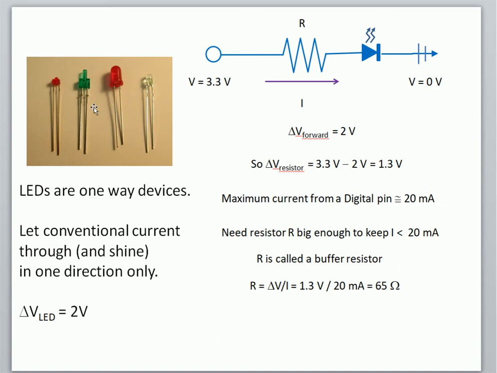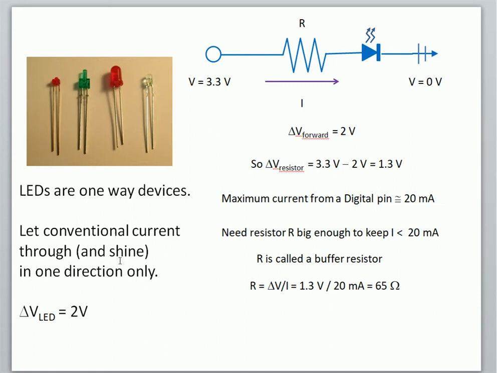They're called bicolor LEDs. Now, LEDs are one-way devices. If you see this side here, conventional current cannot flow through an LED this way. If you put it in a circuit backwards, it just doesn't light up. So conventional current goes through an LED in only one direction for the light to come on.